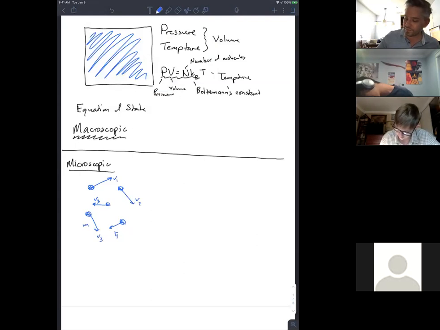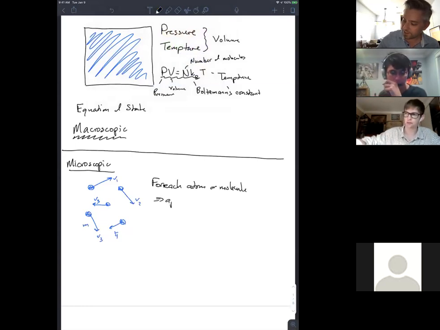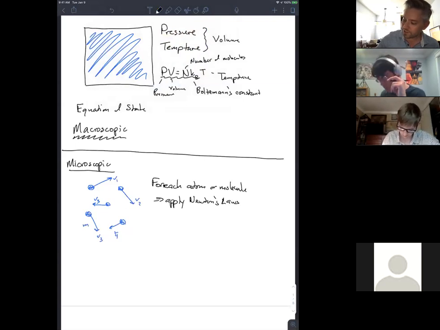So in other words, for each atom or molecule, we should be able to apply Newton's laws, and from Newton's laws, we should be able to extract what the behavior of this container of gas is going to be.